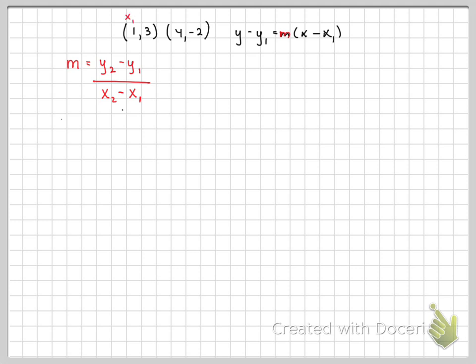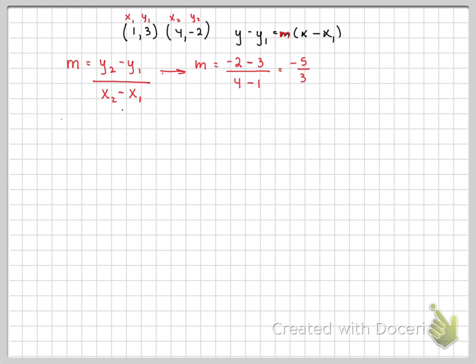Okay, so we'll just call that x1, y1. Doesn't matter. x2, y2. You will get the same slope either way as long as you do the math correctly. y2 minus y1 all over x2 minus x1 gives us negative 5 over 3. That's our slope. Okay, our slope is negative 5 over 3.